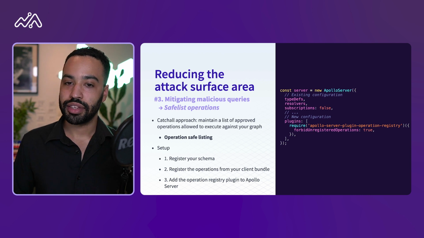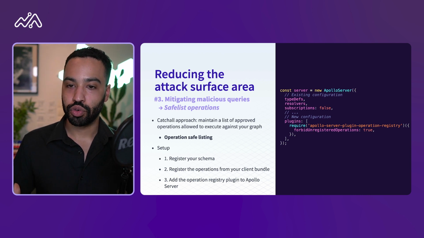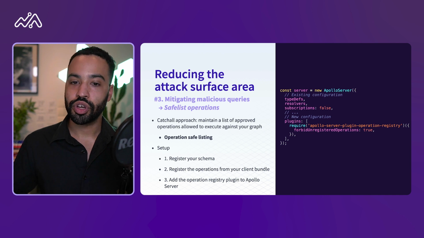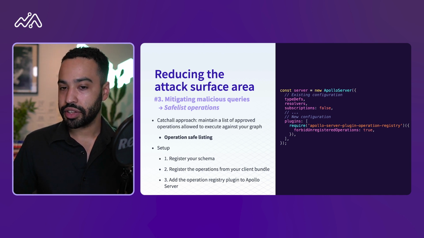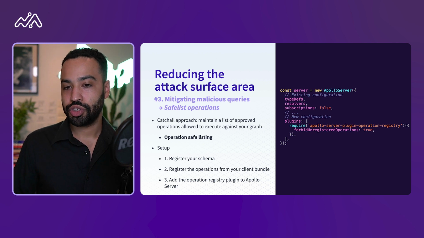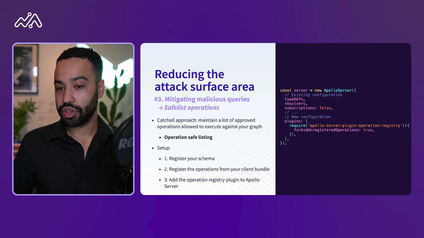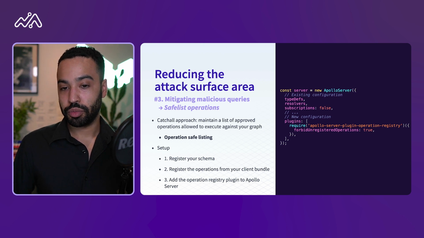You can maintain a list of approved operations, and to set this up, you have to do a couple of things like registering your graph to Apollo Studio, which we'll talk about more momentarily, register the operations from the clients, and then add the operation registry plugin to Apollo server. You can check out the docs on Operation Safe Listing for more details on how to do this.